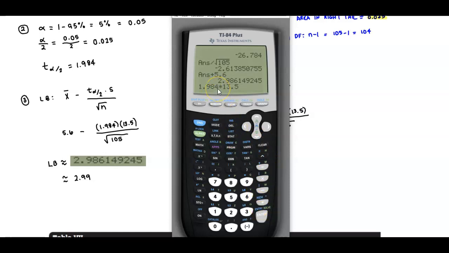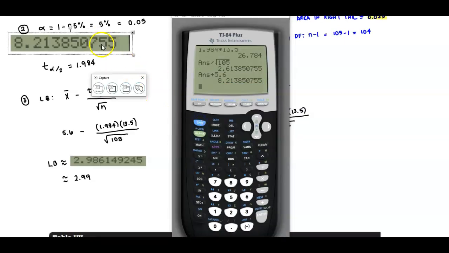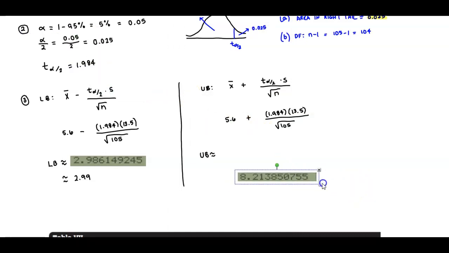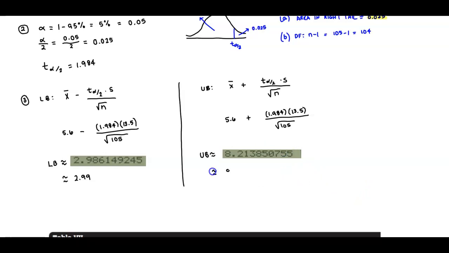We take 1.984 times 13.5, divide that by the square root of 105, and then add the 5.6. Let's take a look at this result. We're going to round this to 2 decimal places, which is 8.21.